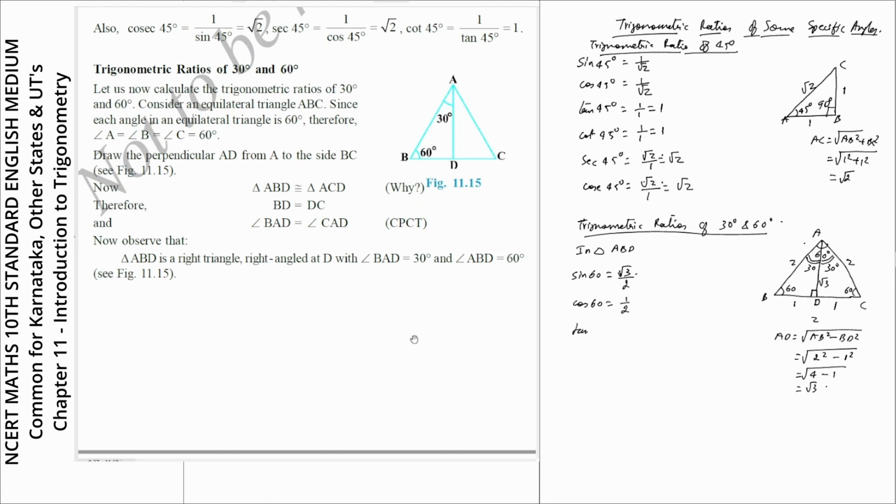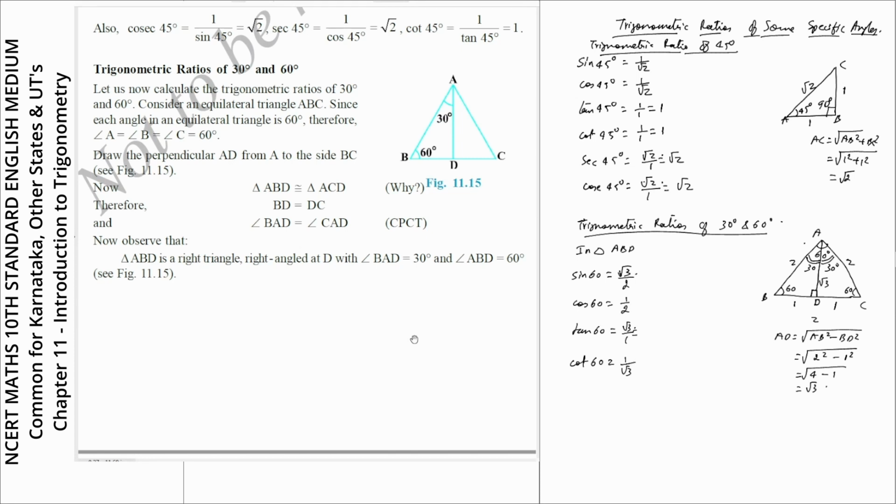And tan of 60 degree. I'm talking all with respect to angle B here. Okay. Now tan of 60 degree is opposite by adjacent, that is root 3 by 1 which is equal to root 3 only. And what is cot of 60 degree? Cot of 60 is adjacent by opposite, that is 1 by root 3 I will get.